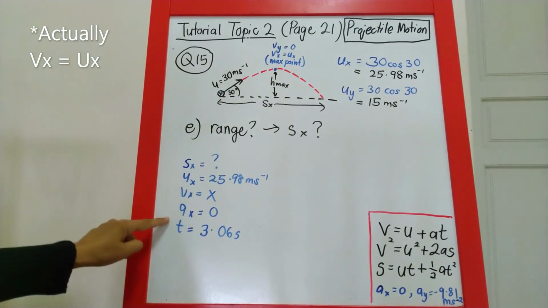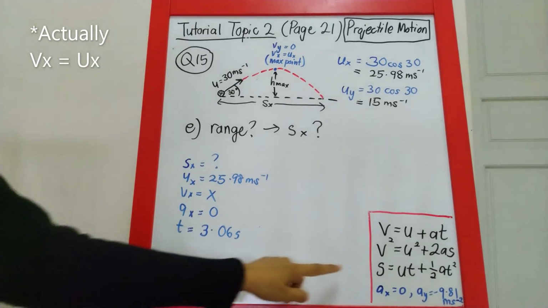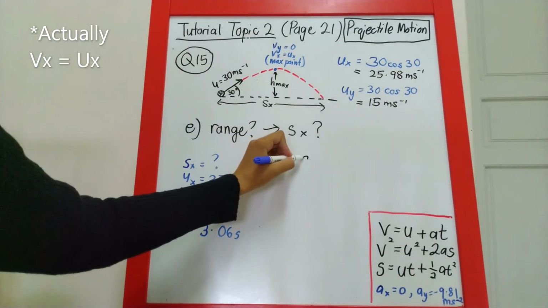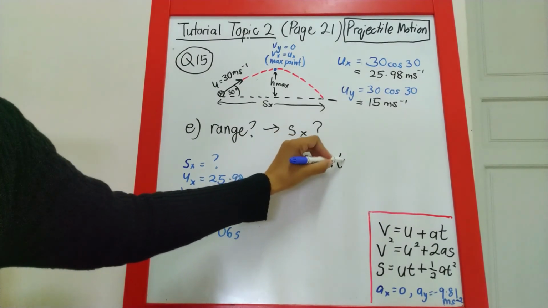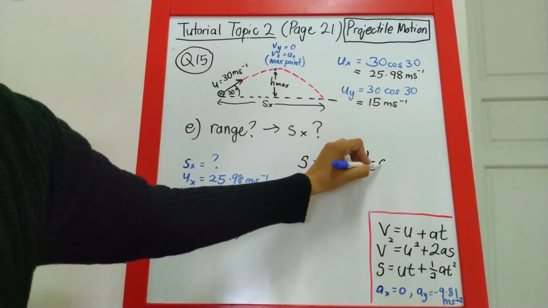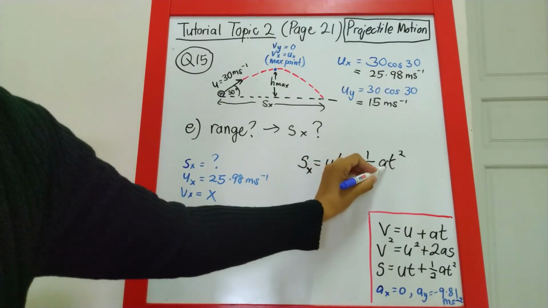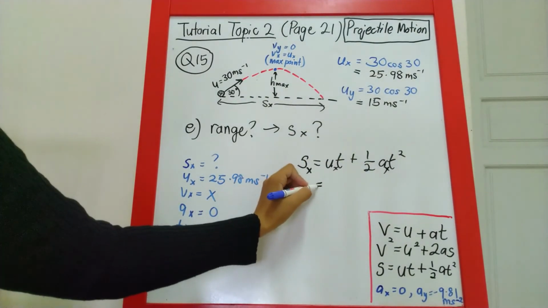The most suitable equation is the one without V, which is the last one here. So let's use it. Label x here and substitute.